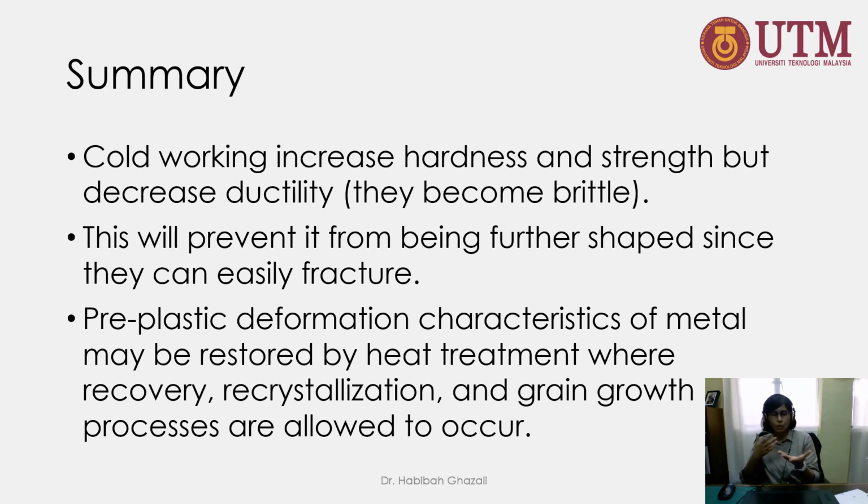So through process annealing or heat treatment, plastically deformed materials can be returned back to their pre-cold work microstructure. And this process of restoring the microstructure is called process annealing, which involves recovery, recrystallization, and grain growth.